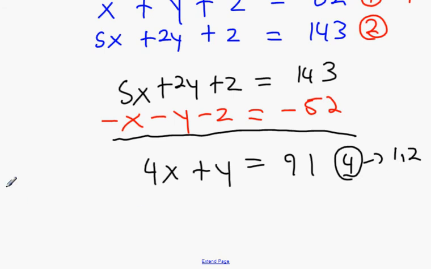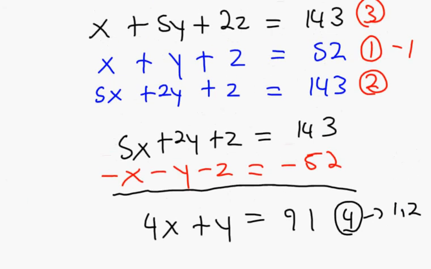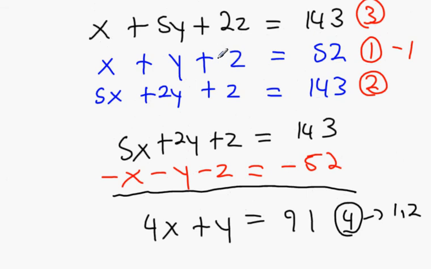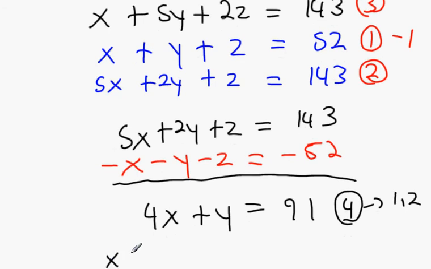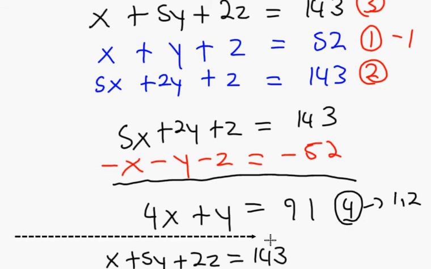I now have to use a different combination. I'm going to use equation 3 and 1. So x plus 5y plus 2z equals 143. That's my first equation there.